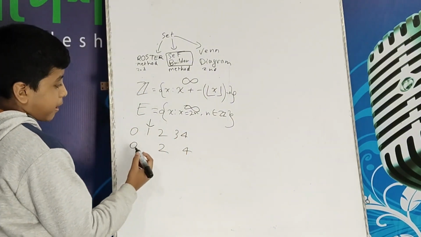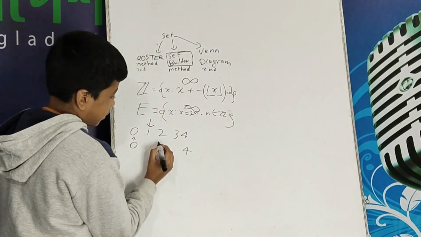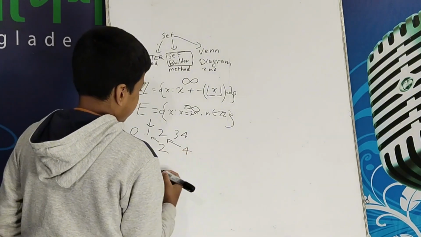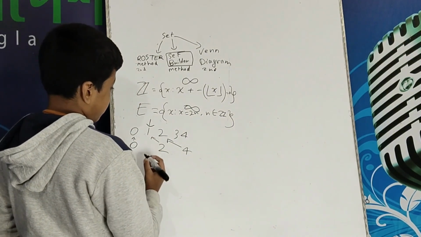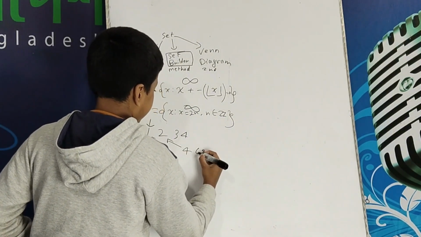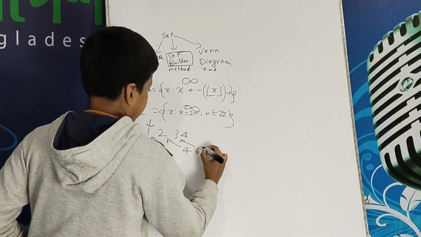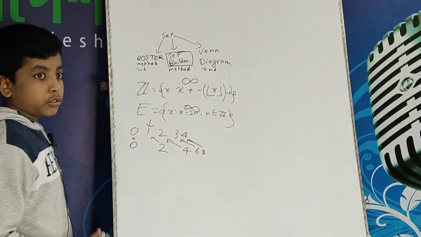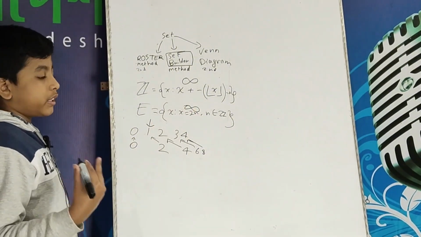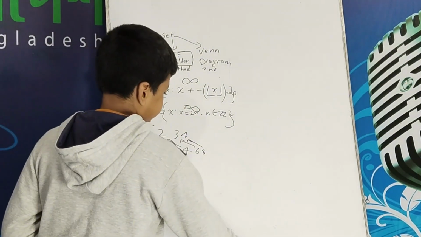So here we can match up 0 to 0, 1 to 2, 2 to 1, 6 to 3, 8 to 4. We can actually do this for every single number, which proves that these are indeed equivalent.